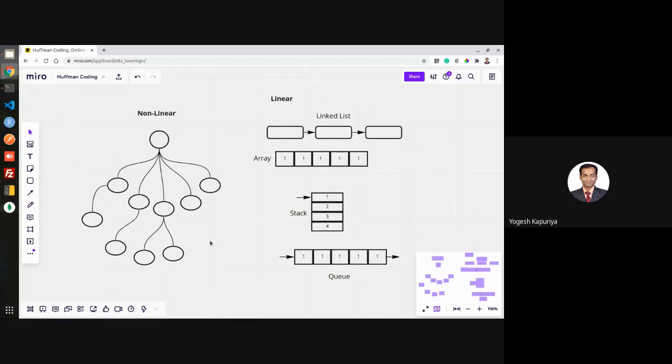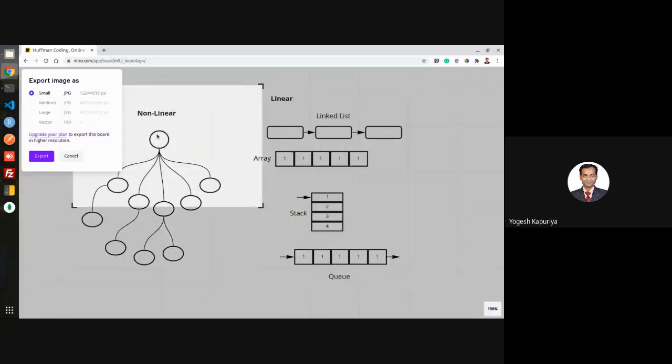So I hope you understood the basic difference between linear and non-linear data structures. In case of a non-linear data structure, accessing, meaning insert, delete, search or update operations, is non-linear in order or in nature. So this is the basic difference between a linear data structure and a non-linear data structure.